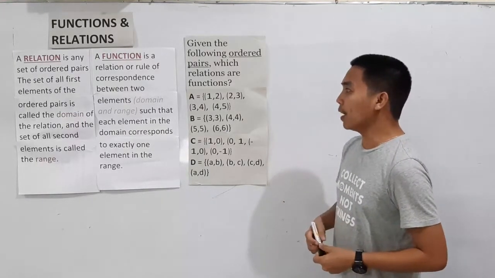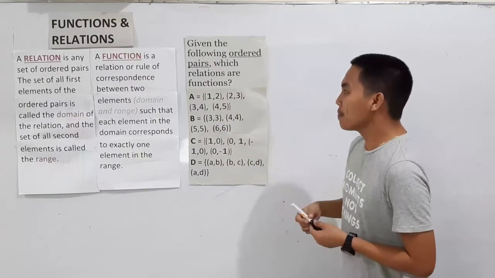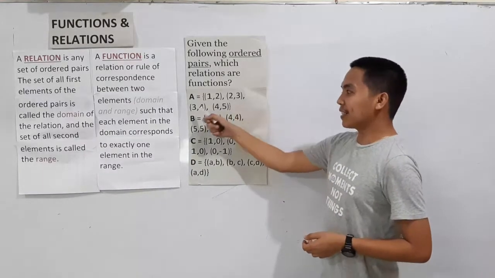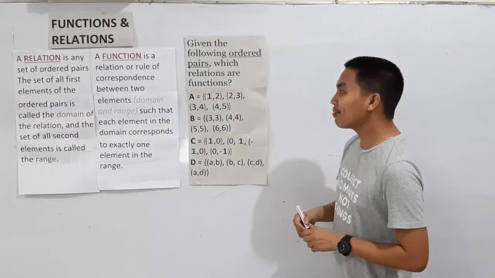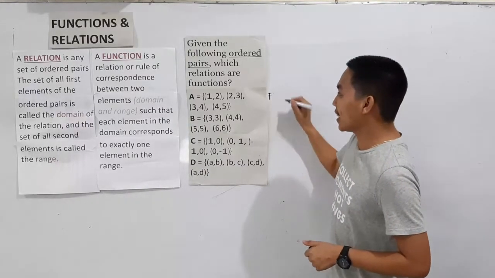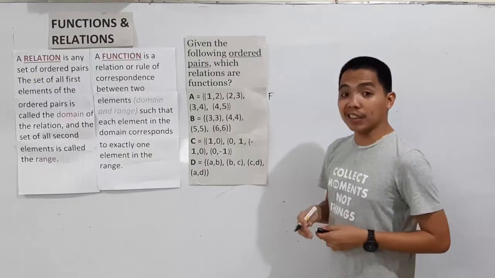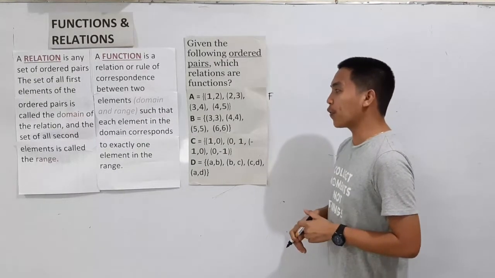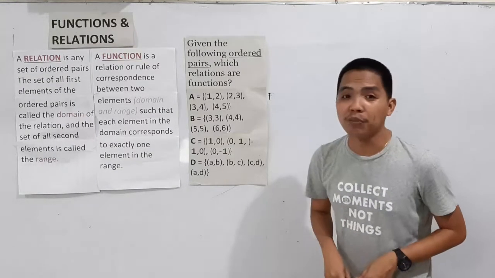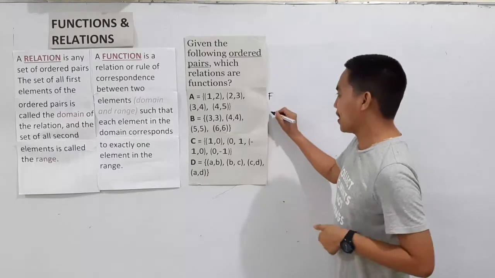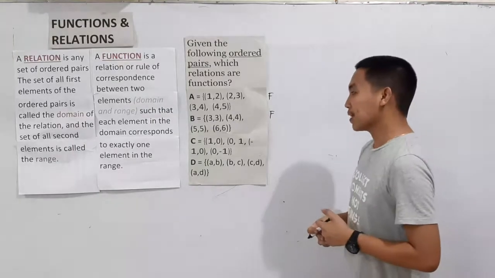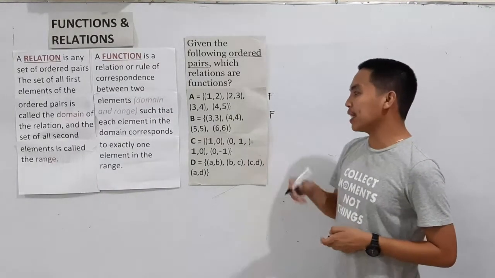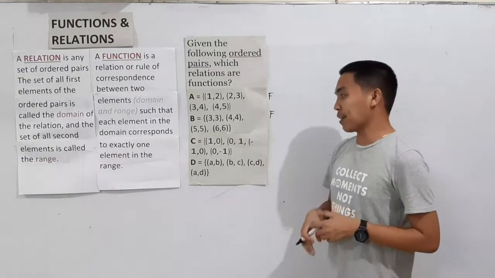Okay, example, A: (1, 2), (2, 3), (3, 4), (4, 5). Is letter A a function? Okay, correct. This is a function. How about letter B? (3, 3), (4, 4), (5, 5), (6, 6). Is this a function? Yes, this is a function. How about letter C? (1, 0), (0, 1), (-1, 0), (0, -1).